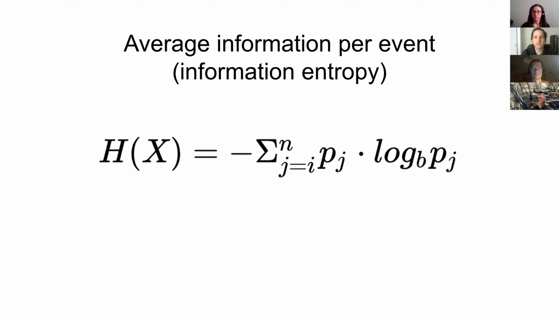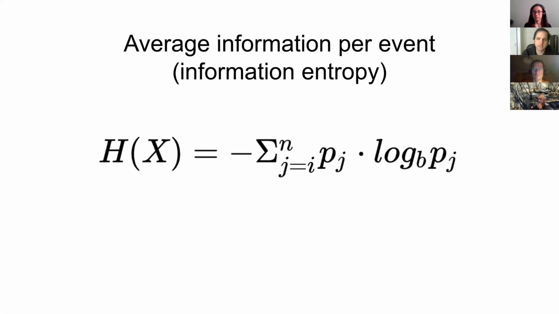And then from there we can look at a system from a higher perspective and try and get some average information, which is referred to as the information entropy, which is the average state of a system, equal to the sum of the probabilities times the log of the probabilities.